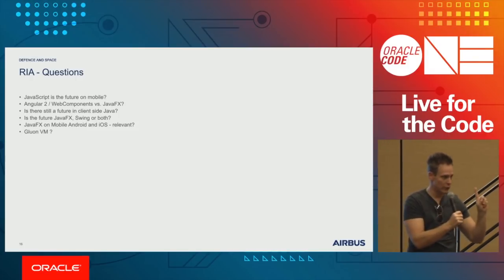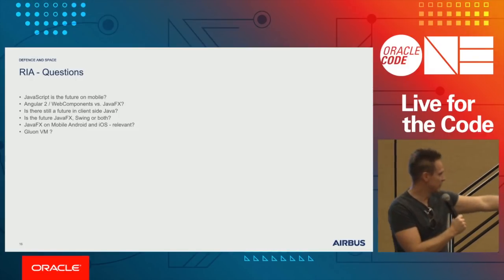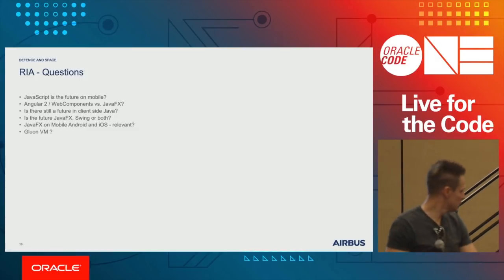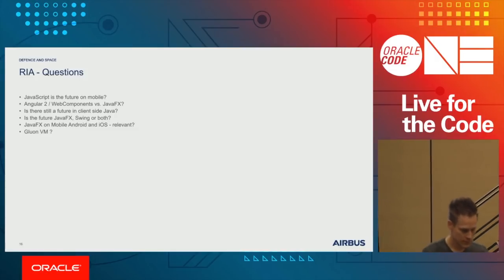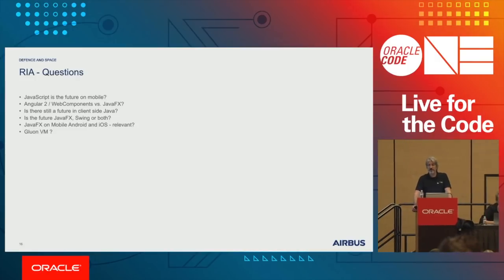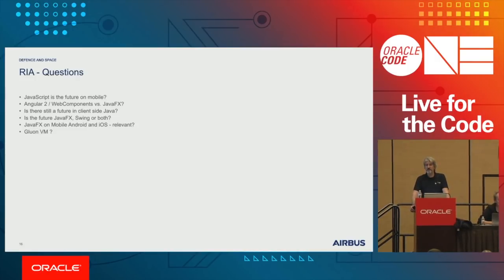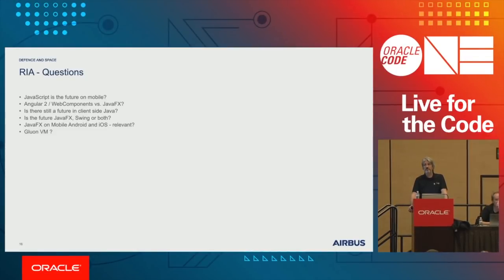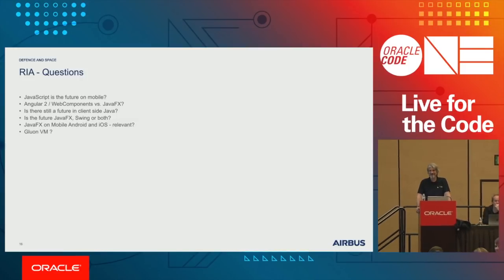In fact, there's a lot of open source. I'll get to you in a second, man. And if you're interested in features and support, there are companies providing that, like Gluon. They have a kind of LTS support plan for JavaFX 11. So if this makes you sleep better, go for it.